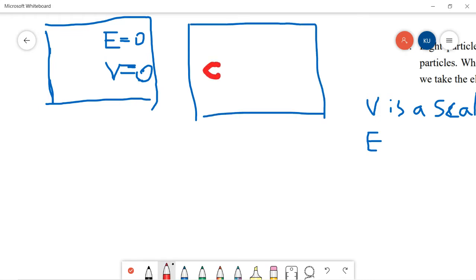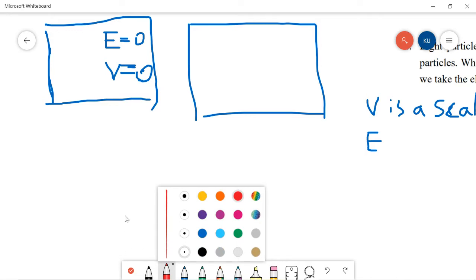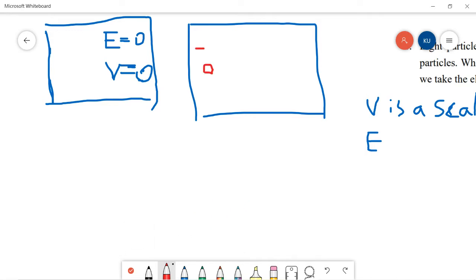Suppose we have a charge plus Q and another charge negative Q here, and in the middle point we also call it P. In this case, in the middle point, V is 0, like the previous case.